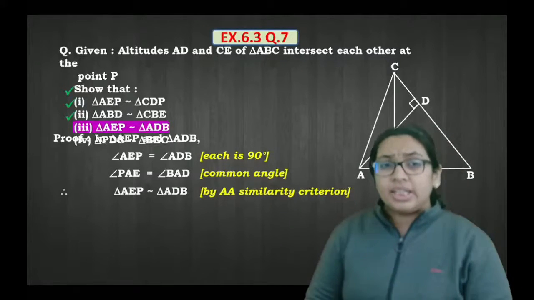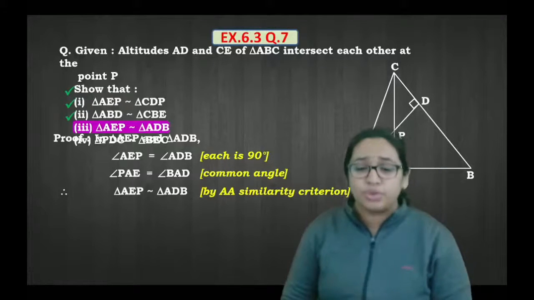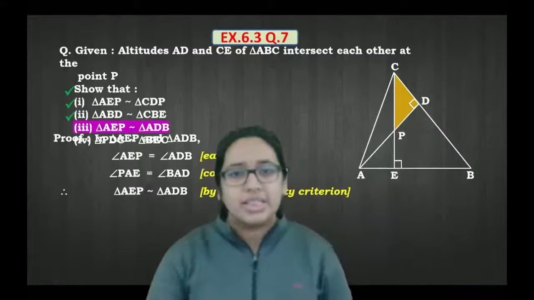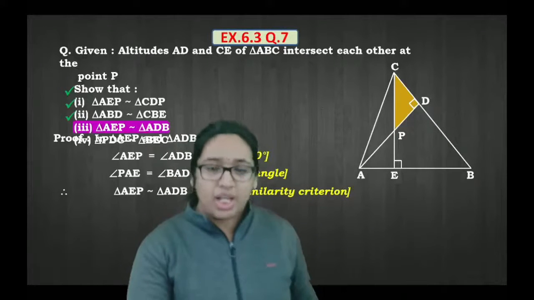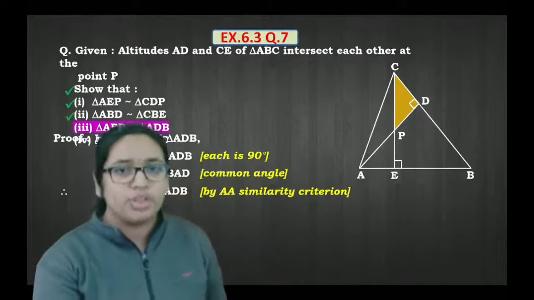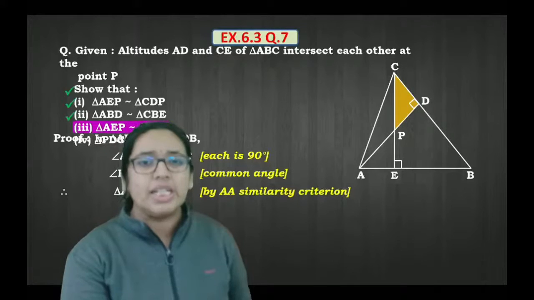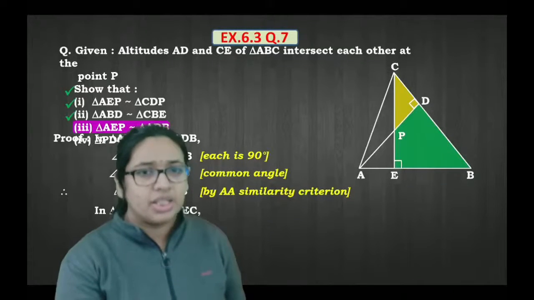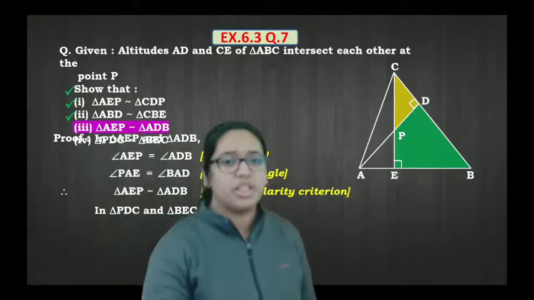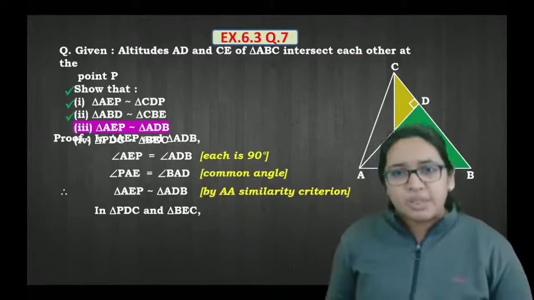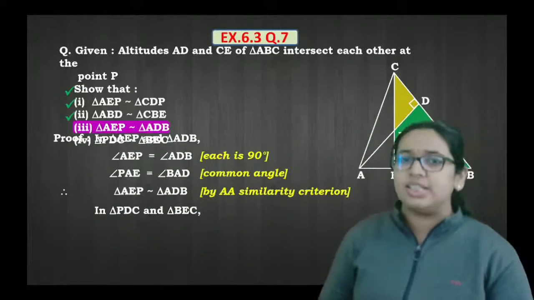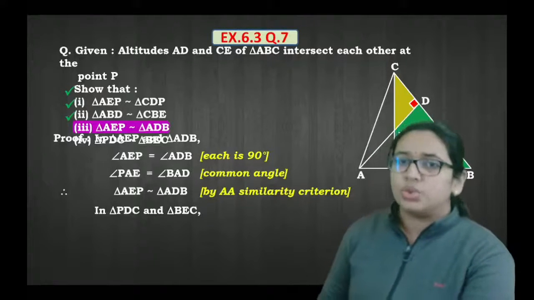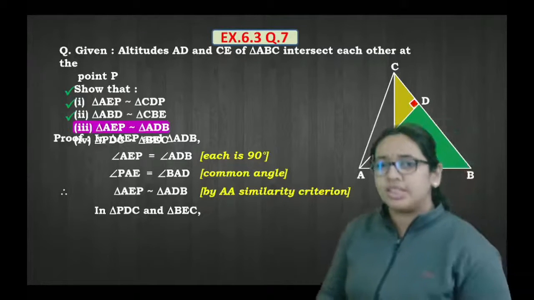Similarly, can you solve for the fourth one? What is the case? Now we have to prove that triangle CDP and triangle PEC are similar triangles. In triangle PDC and in triangle PEC, what will be the first case?